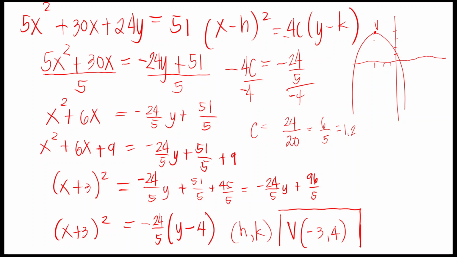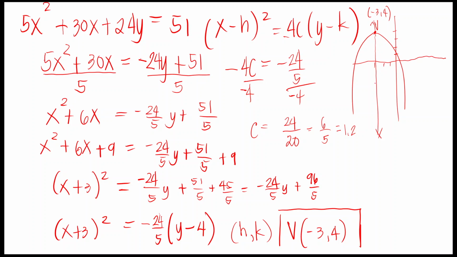We can determine the position of the focus through the vertex and, of course, the distance c. So, since we get that the vertex is negative 3, 4, okay, and since it opens downward, it means that the axis of the parabola is vertical. Okay?